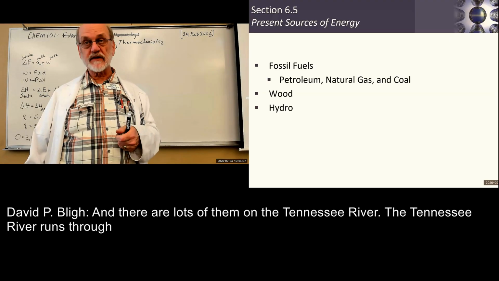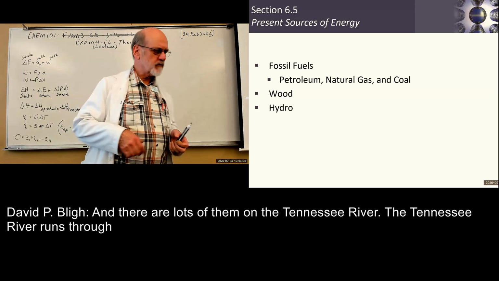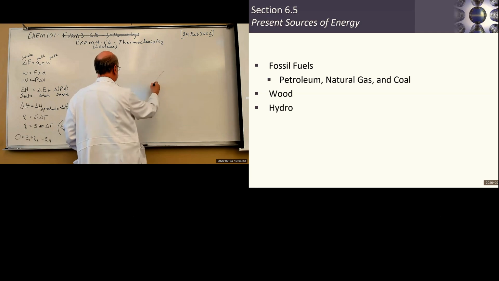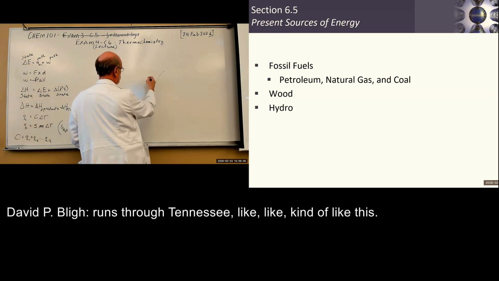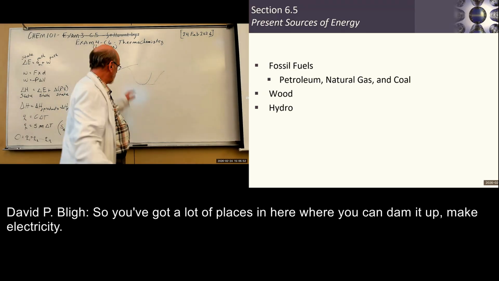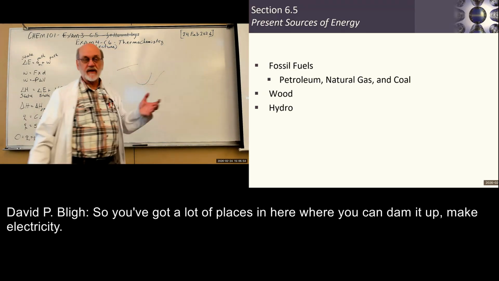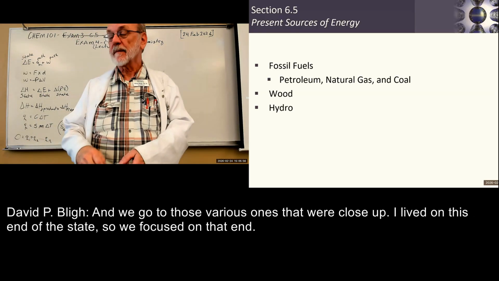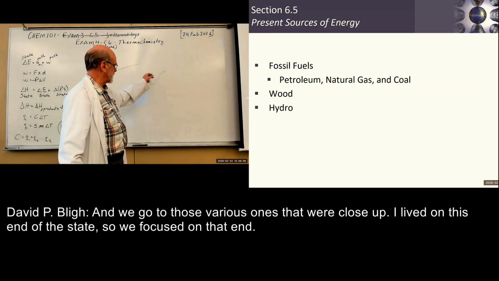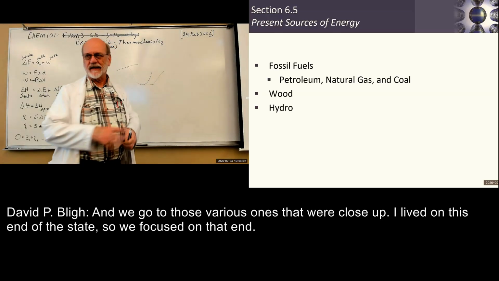And there are lots of them on the Tennessee River. The Tennessee River runs through Tennessee kind of like this. Then it hits the Ohio River. So you've got a lot of places in here where you can dam it up, make electricity. And we go to those various ones that were close. I lived on this end of the state, so we focused on that end.